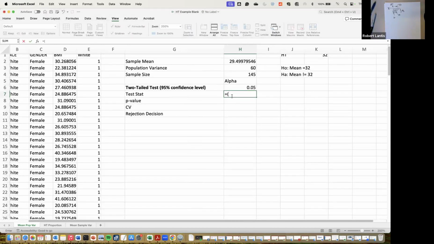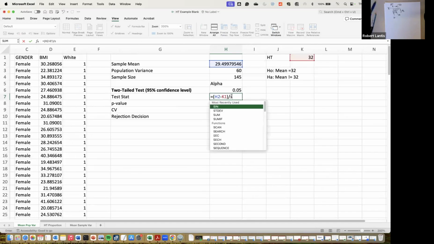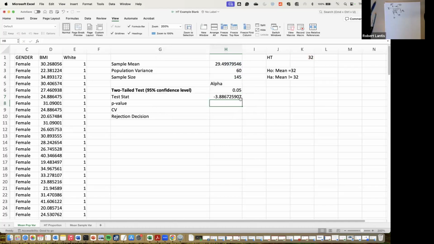We're just going to say, okay, take our sample mean, subtract the assumed true mean. I'm just going to use cell references here, but you could type that value in. I'm then going to divide by the square root of my population variance divided by my sample size. Hit enter. Oh yeah, close my parentheses for it.